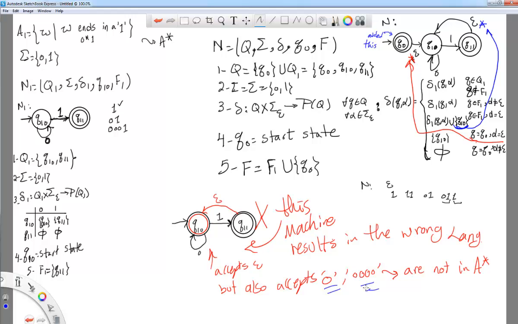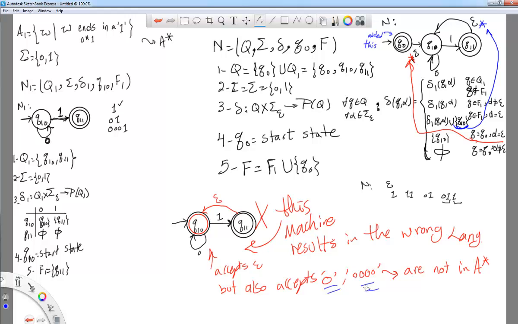So again, if you're asked to create a machine that recognizes the star of a language, you create a machine for the original language, and then you add a new start state, make that new start state an accept state, and then make epsilon transitions from the accept states onto the start state of your original machine, and keep all the original transitions the way they were.